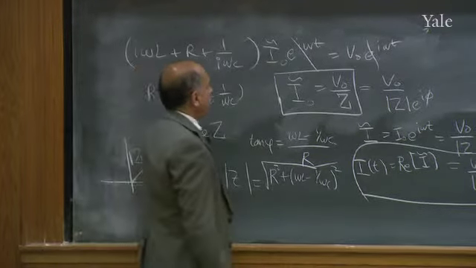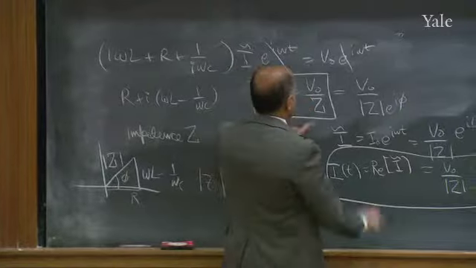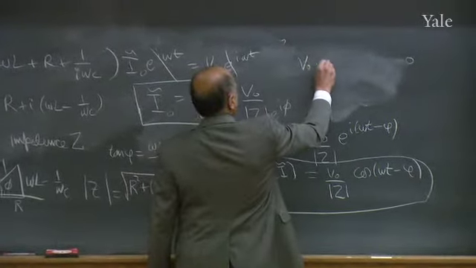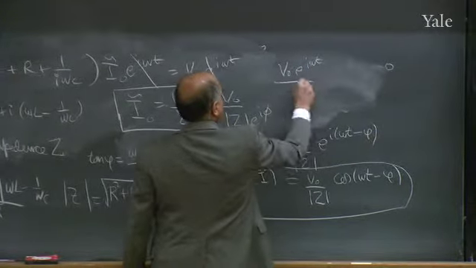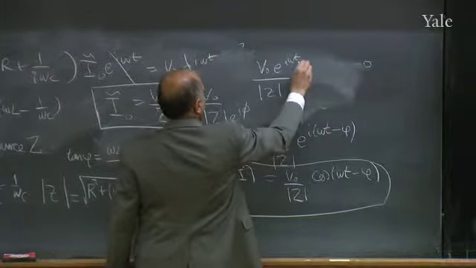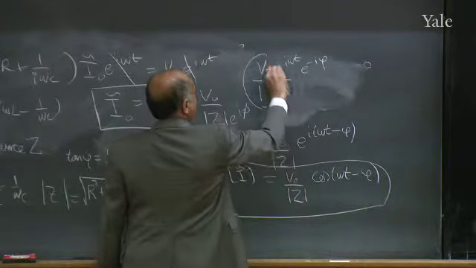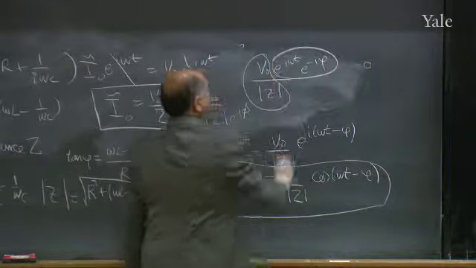How does that happen? That happens because the impedance Z has got a magnitude and a phase. Therefore, if you had a voltage V0 e^{iωt}, and you divide by mod Z e^{iφ}, that becomes e^{−iφ} upstairs. You're able to change the magnitude, and you're able to change the phase by dividing.